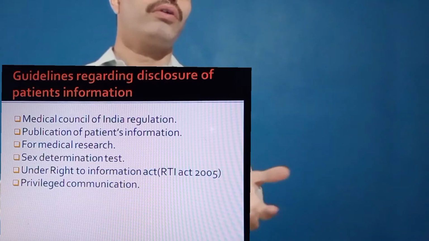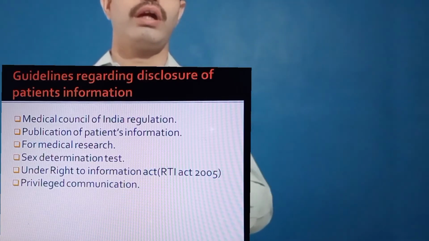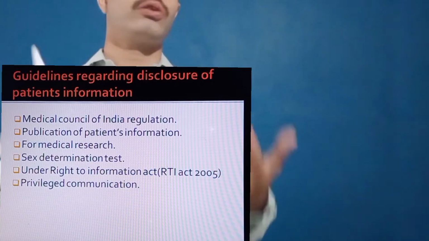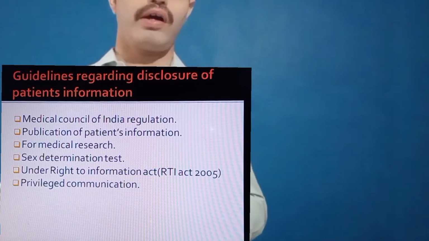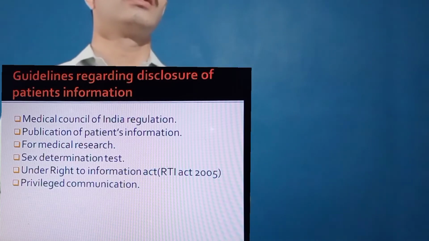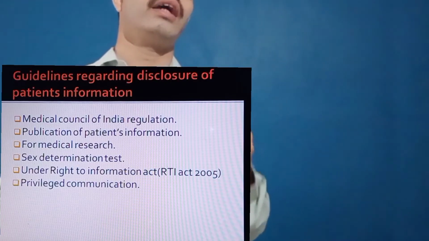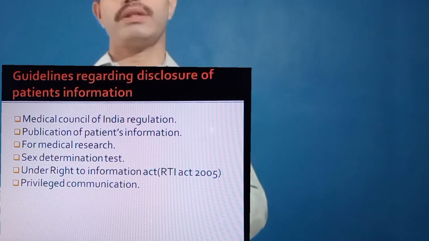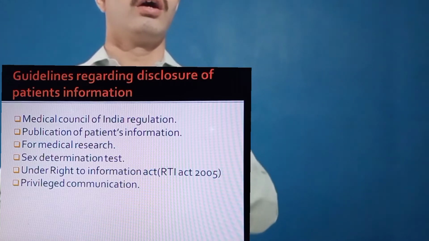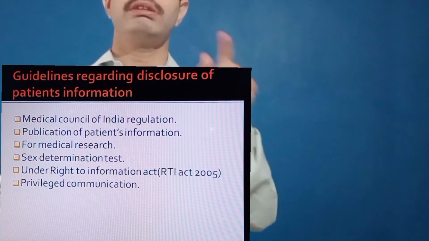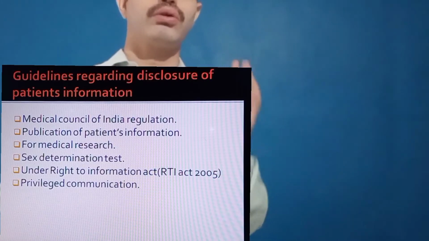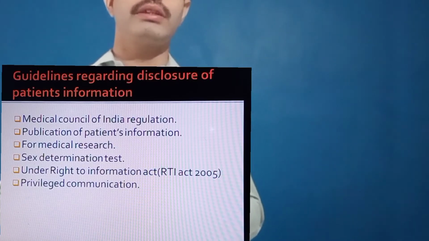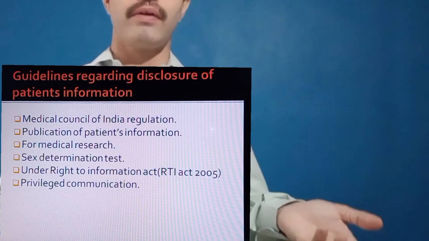Of course we want to publish this information so that all other patients will also benefit, and we will also benefit as a doctor or hospital. In that case, it is very essential that you should not disclose the information of the patient without the consent of the patient if the identity of the patient is going to be revealed. If the identity of the patient is not going to be revealed, then there is no necessity to take the consent of the patient.